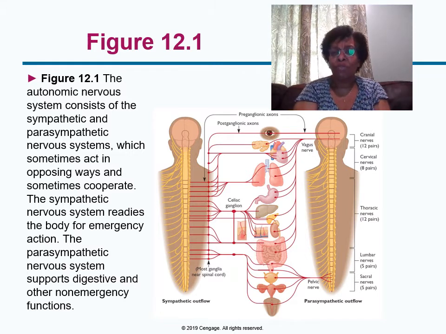So it decreases heart rate. It's going to help to promote digestion. Make sure that whatever you eat is broken down and it flows and turns those nutrients into what the body needs. As well as those non-emergency functions, as I mentioned, specifically getting ourselves to calm down to help us to return back to a homeostatic state.